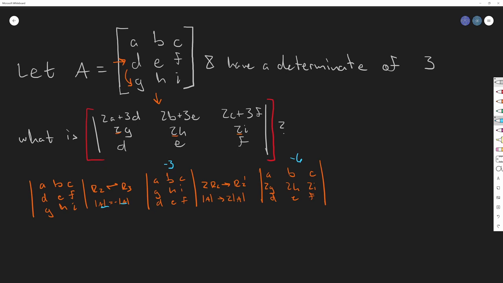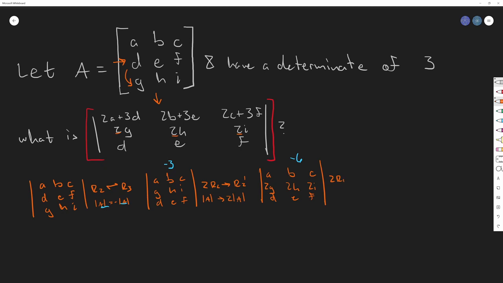And now it's figuring out what happened on the first part. If we ignore what's been added, we can see that the first row has just been doubled, and after that, it's been added by 3 times the third row. So first I'm going to double the first row.